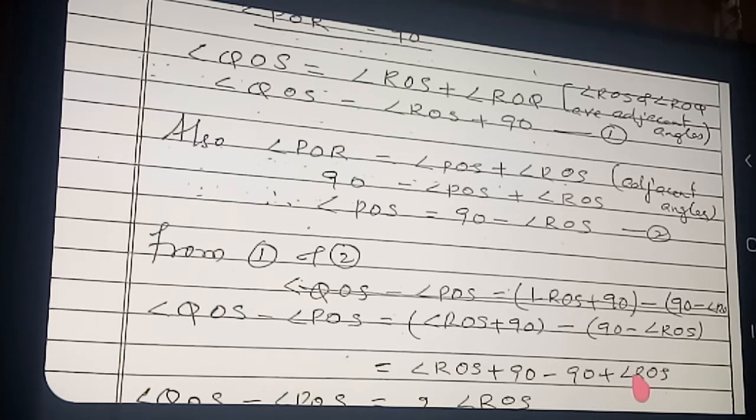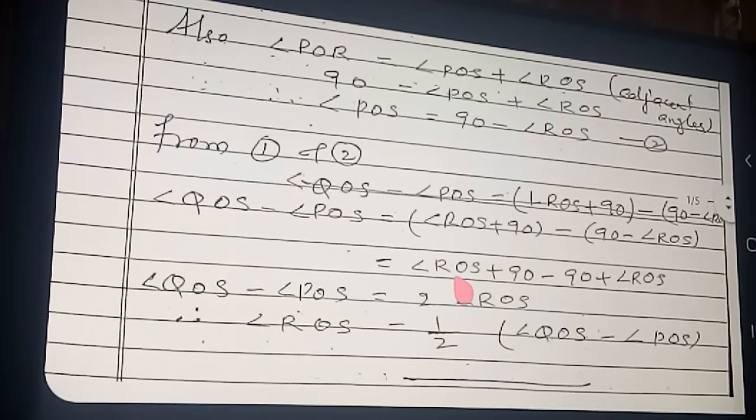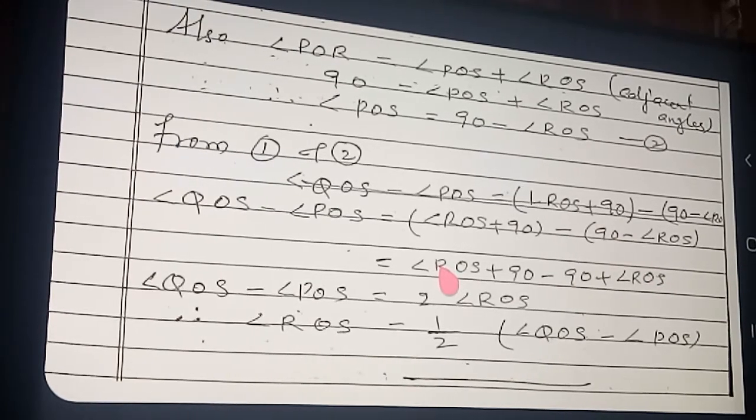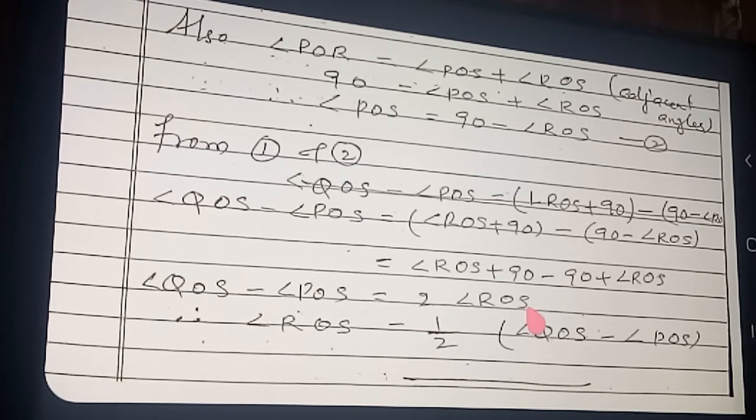Clear? Are you following now? See here. Now this plus 90 and minus 90 will cancel. So what is remaining there? ROS plus ROS. What is ROS? One pencil plus one pencil. How many pencils? Two pencils. So one ROS plus one ROS, how much will come? 2 angle ROS. That is what you got.